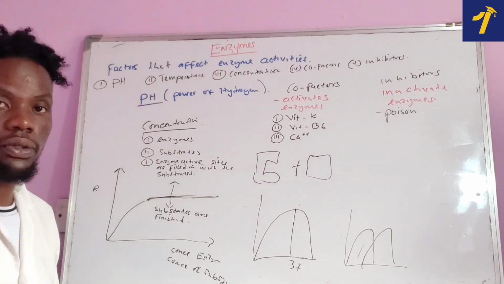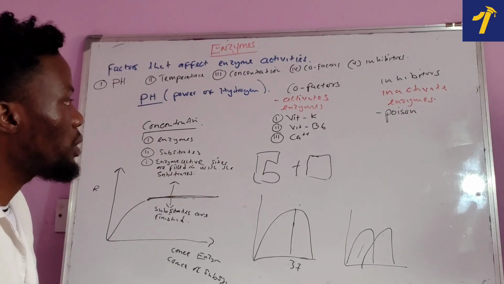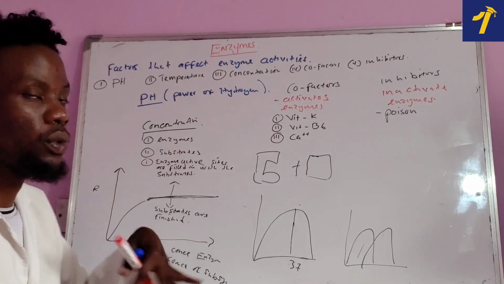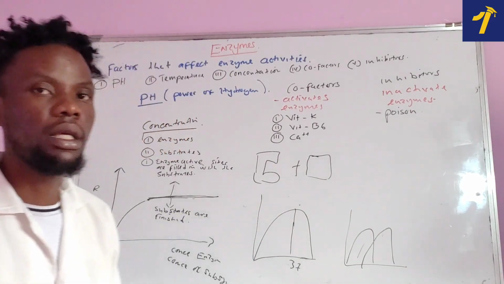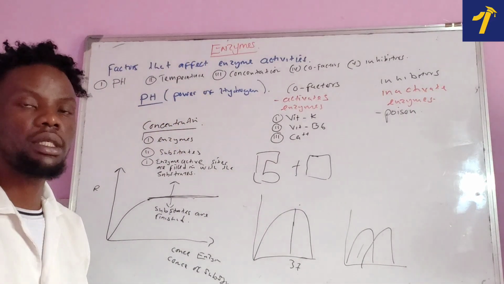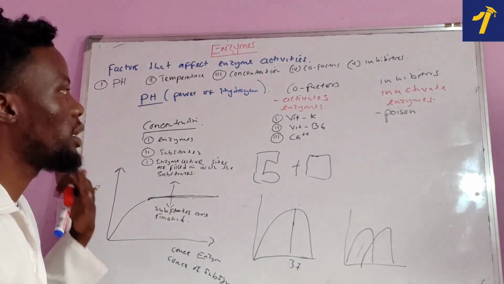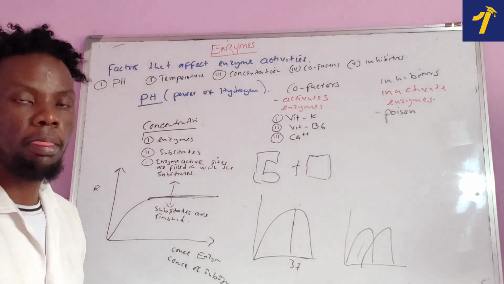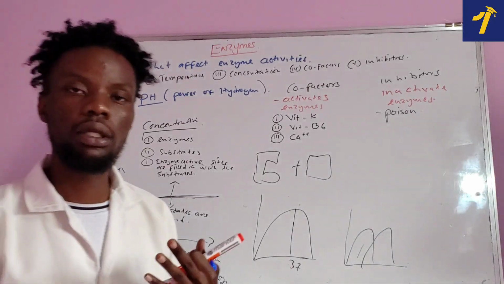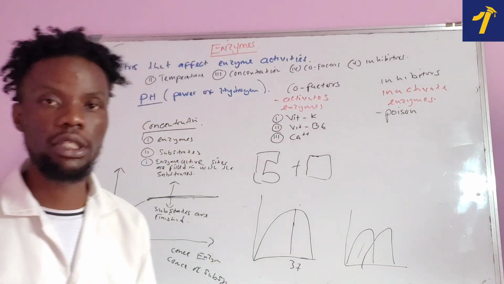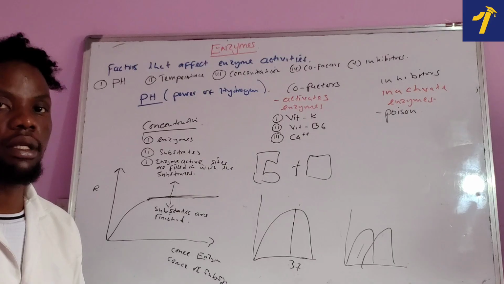The moment you drink poison, it's going to inactivate or denature all the enzymes by altering the active site and also the allosteric site, so that those enzymes can become inactive forever, and definitely the person is going to be in a dangerous situation. Maybe it can lead to death.